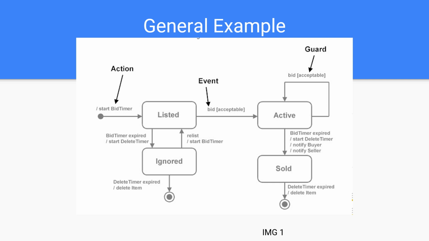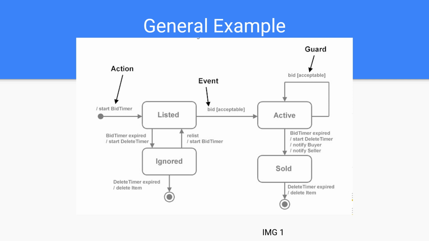So I will show you a general example. This is something like eBay and when you bid for stuff. These are cases or states: listed, ignored, sold, active. We have here the start position.